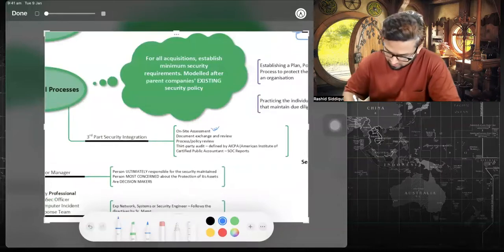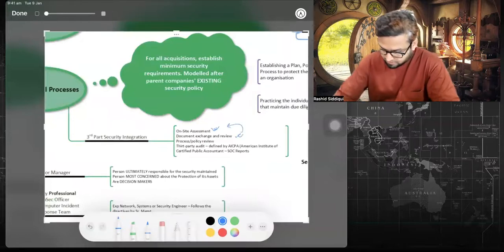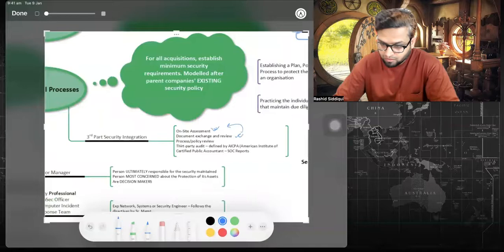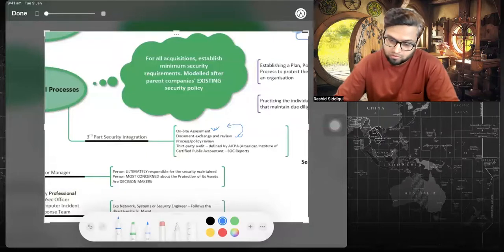That means the second point, document exchange and review should take place. Then there will be some on-site assessment, process policy review, and an agreement that all the processes for risk mitigation, residual risk management, or vulnerability assessment, and all those processes and related policies will be reviewed.